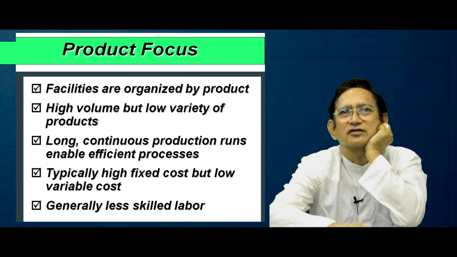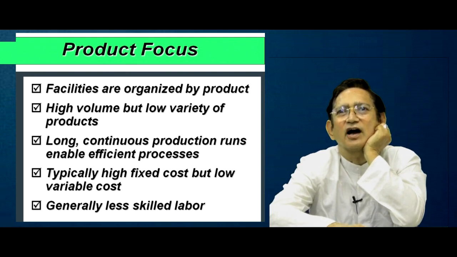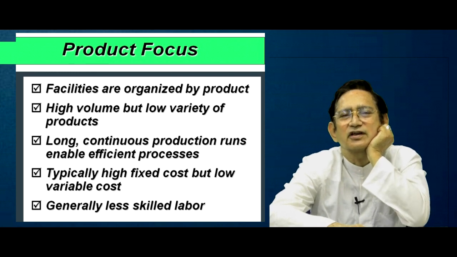Product focus. Facilities are organized by product: high volume, low variety of product, long continuous production runs enable efficient processes. Typically high fixed cost but low variable cost.